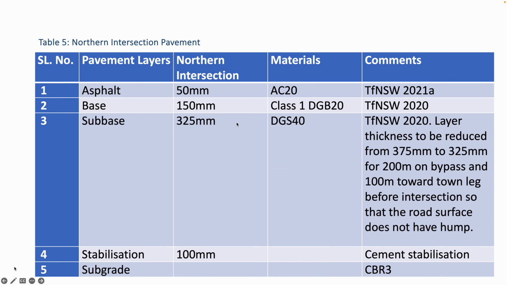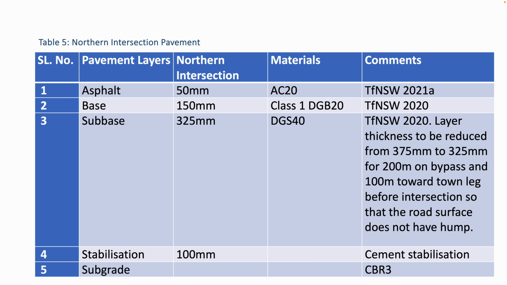Northern intersection, this is a bit interesting because when it's an intersection, we're going to use asphalt for 200 meters before we reach the intersection. So accordingly, we have to reduce the thickness of the subbase because that's a cheaper material.